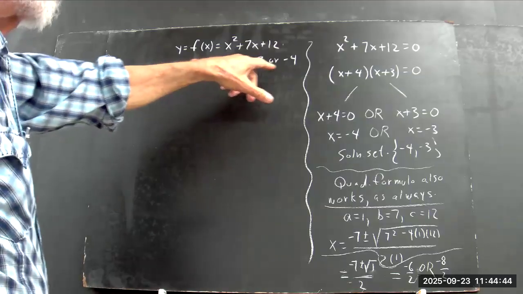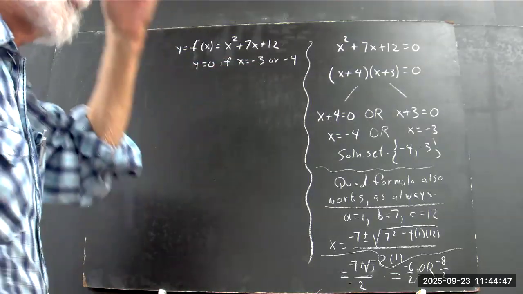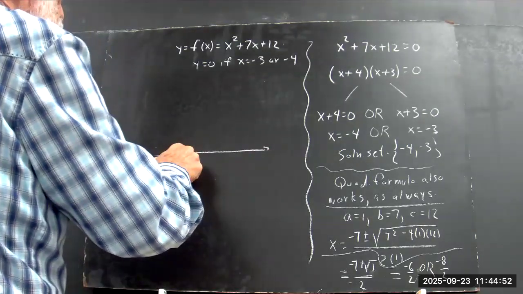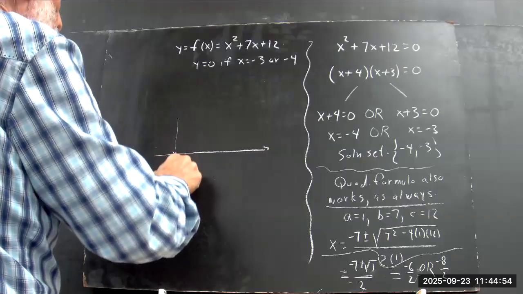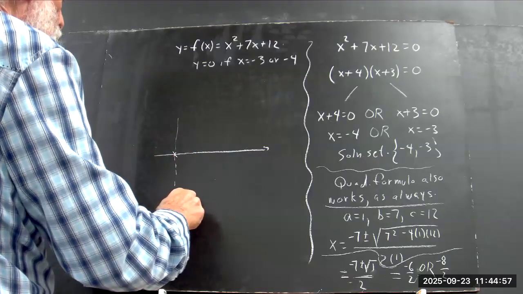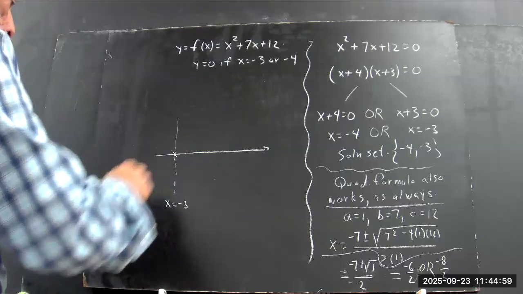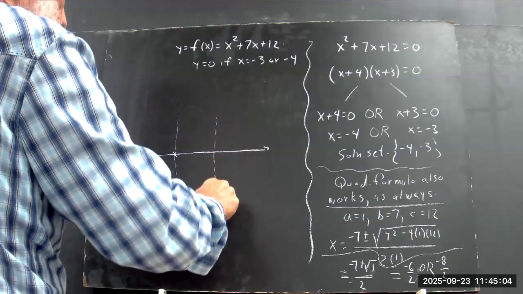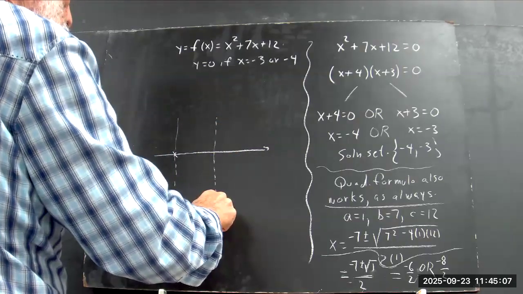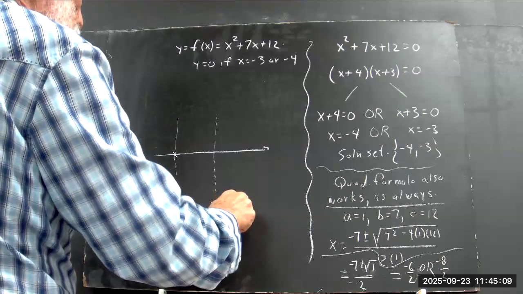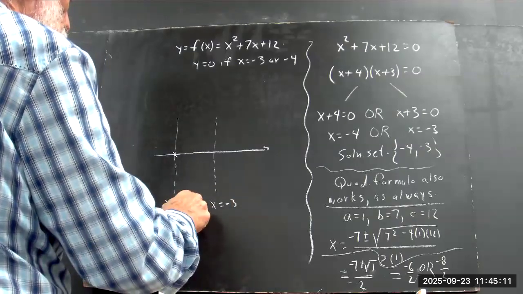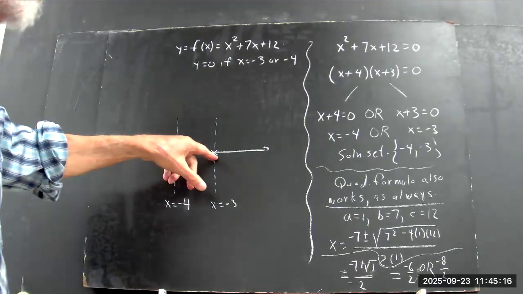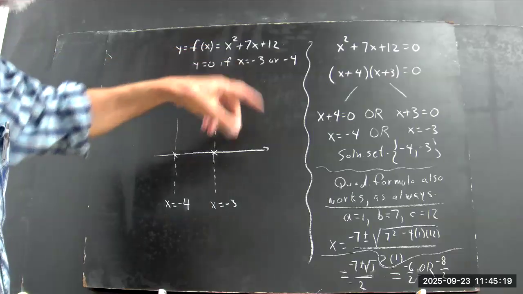Y equals 0, f of x equals -3 or -4. So here's my x-axis. I'll use a dotted line because I don't want to put the number up close to the axis. Actually, I'm going to put -3 here and -4 here. These two points are on the graph of this function.